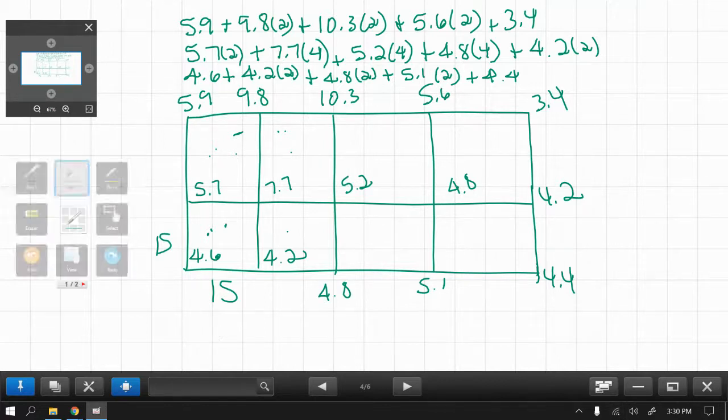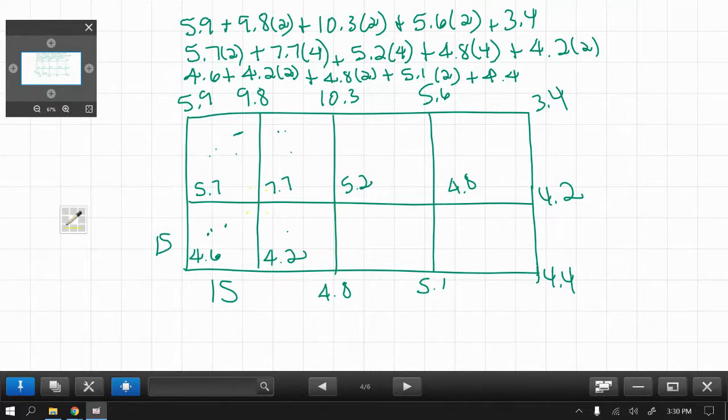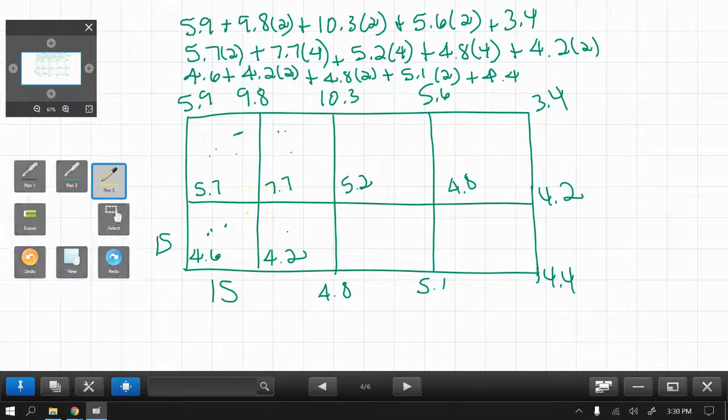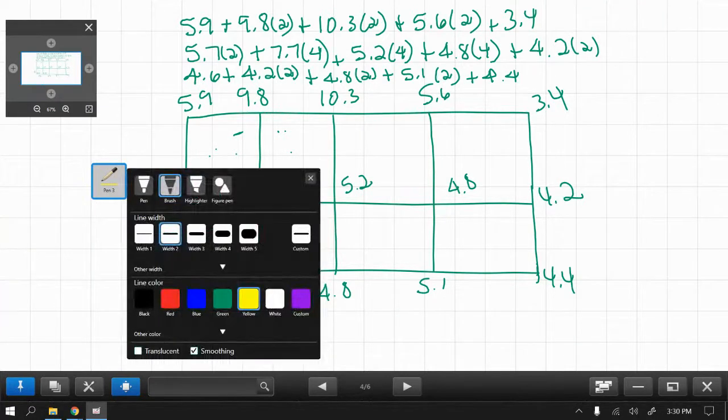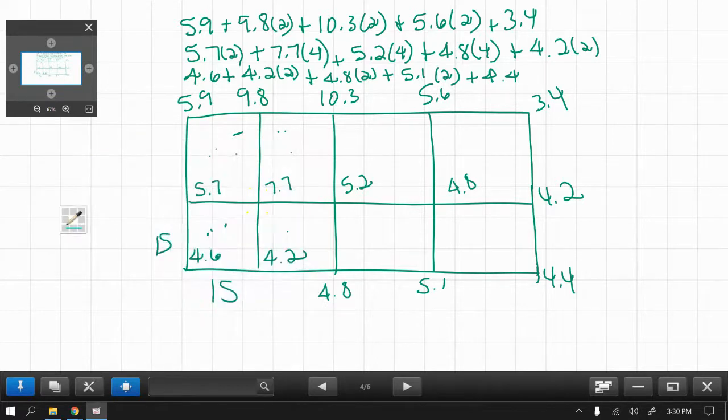So it touches this one, this one, this one, this one. Oh, this yellow doesn't show up too good. Let me pick a different color. 4-8 you said it touches 4 too. Yes. So 5-2 does too. So 5-2 touches this one, this one, this one, this one.